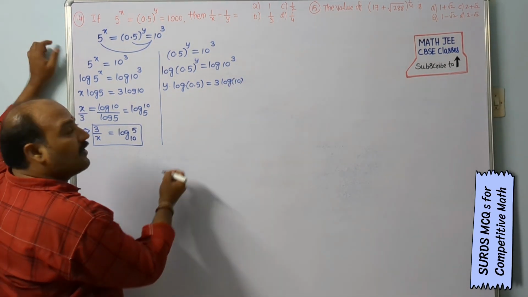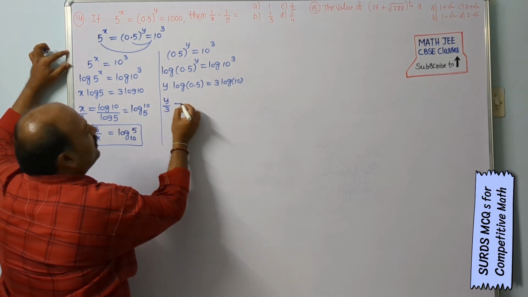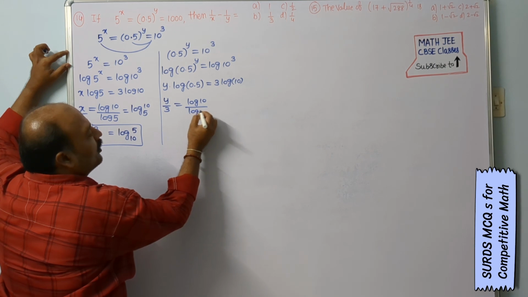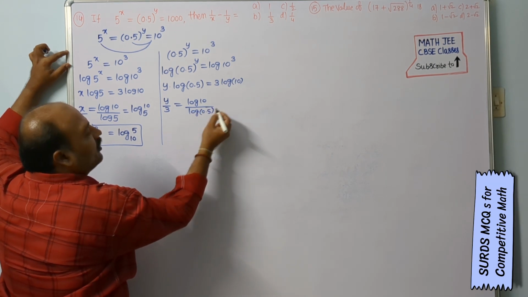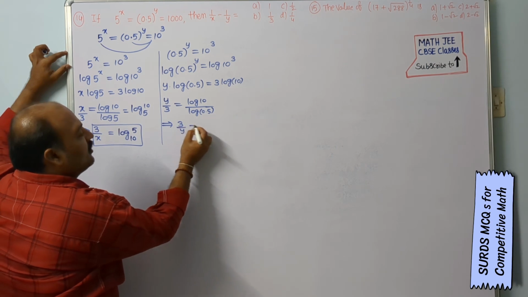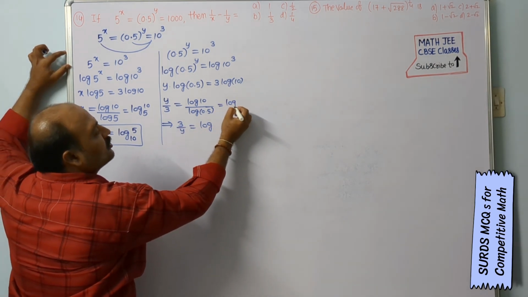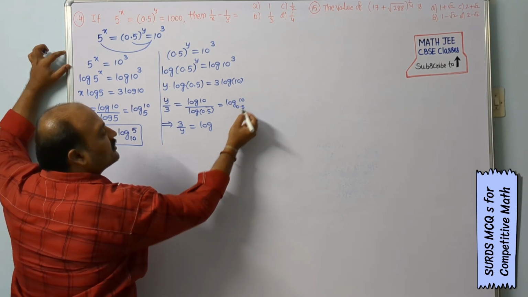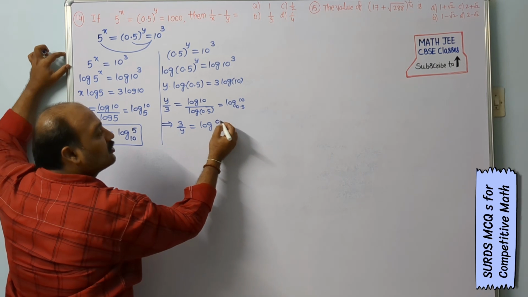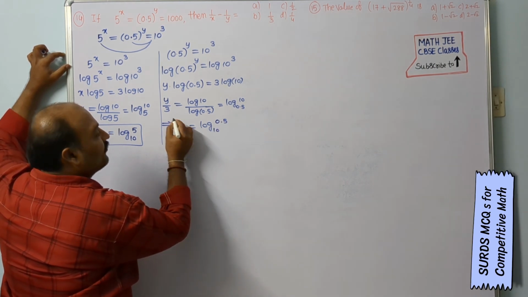So I want the y value. 3 bring this side, y by 3 is equal to log 10 divided by log 0.5. If you want to write the reciprocal, 3 by y is equal to log 10 to the base 0.5, dear students. Then it will be reciprocal. Whenever you are writing reciprocal, these values also will be interchanged: log 0.5 to the base 10.